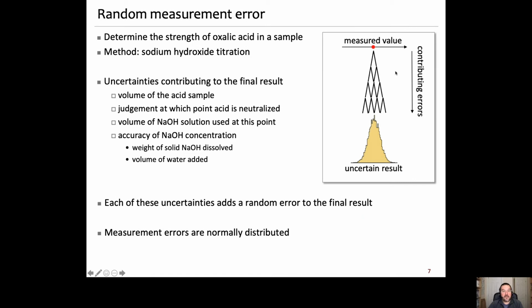You can make a very, very simple approximation of how measured values behave in this experiment. Imagine that this red dot represents the true measured value of the strength of the acid. But when you do the experiment, each of these steps will add some error. It will essentially add a random number to the result.